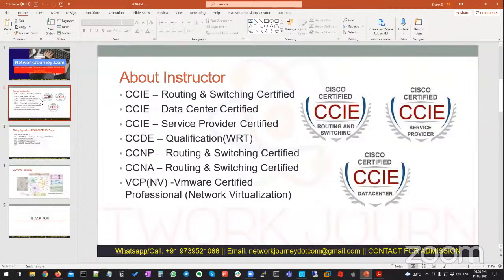The technologies I mainly focused and worked on are related to MPLS, BGP, L2, L3 VPNs, your ACI, SD-WAN, VXLAN, LISP, and vBlock, F5, all that type of stuff. So that's all related to me.